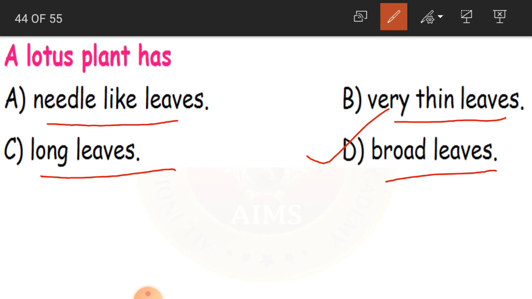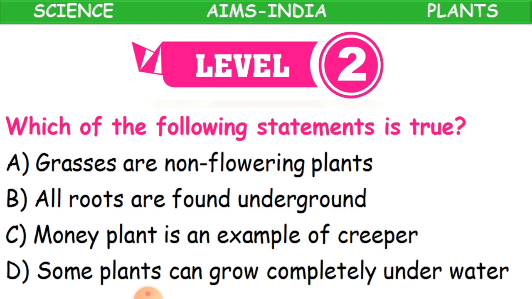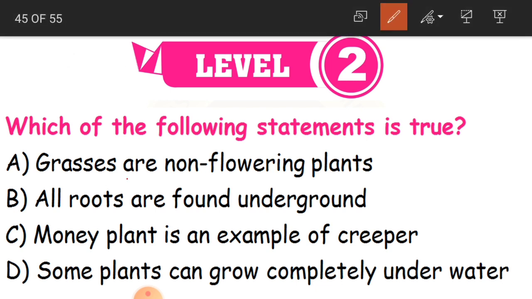Okay. The next question, the level 2 questions, children. Which of the following statements is true? So we have to find out which of the following statements is true. Now the first one is grasses are non-flowering plants.